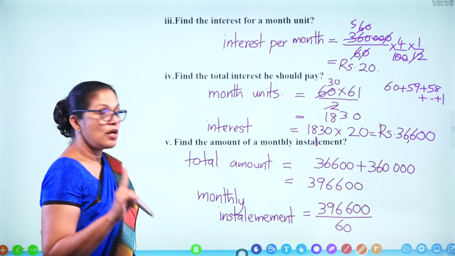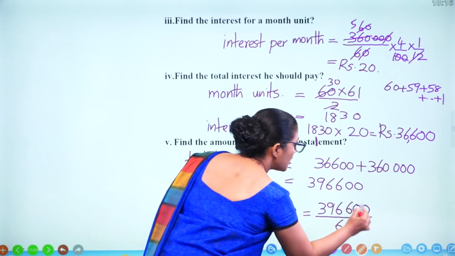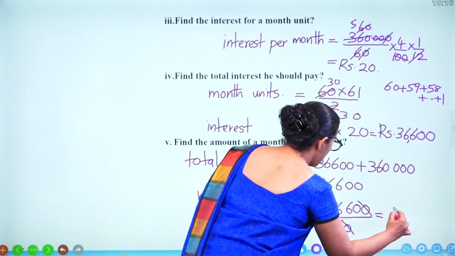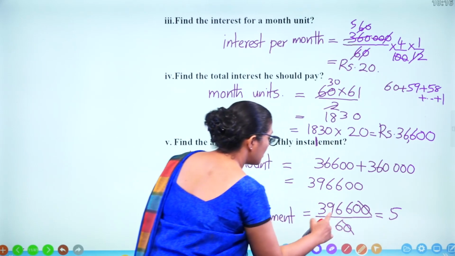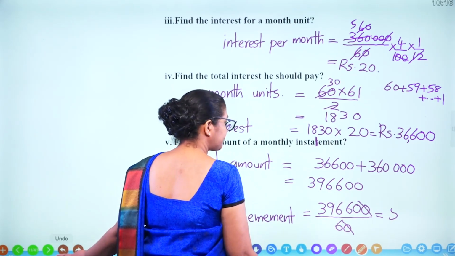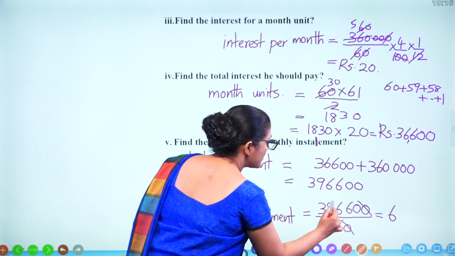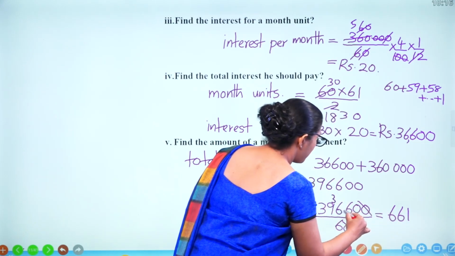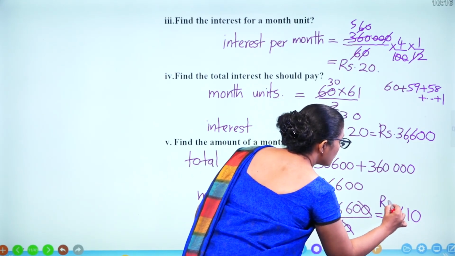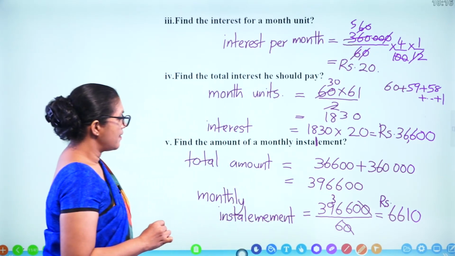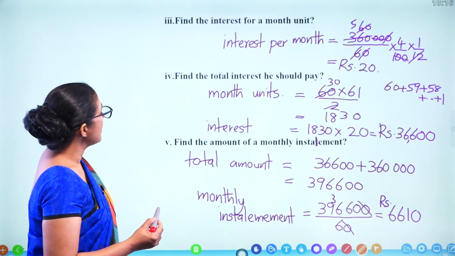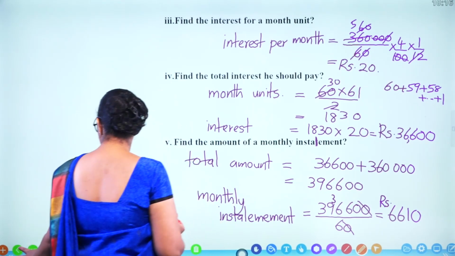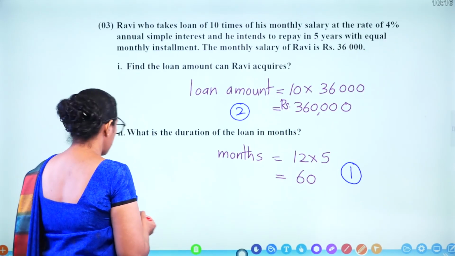So we can find out what's the monthly installment. Here divide by 6. 6 times 6, 36. So 6,610 rupees. So that's the monthly installment. Now we can give marks. So here we gave 3 marks here.